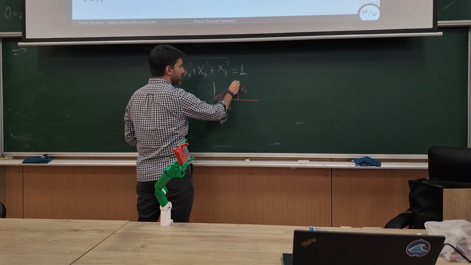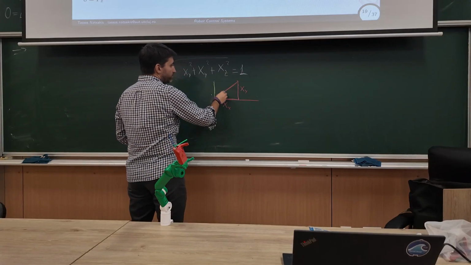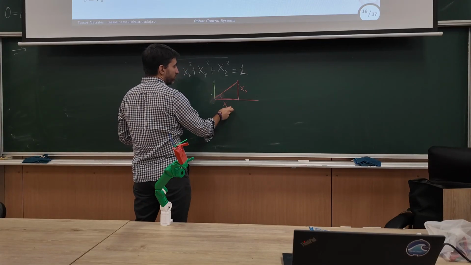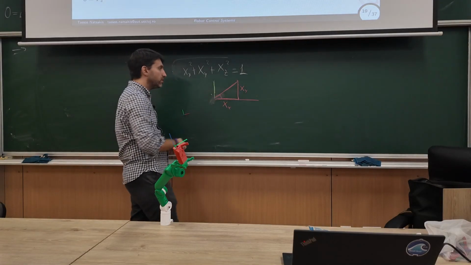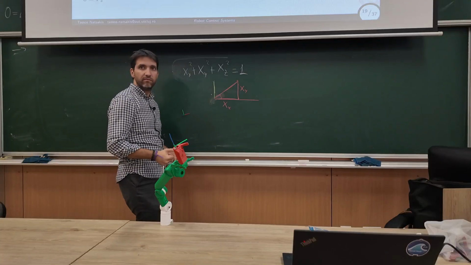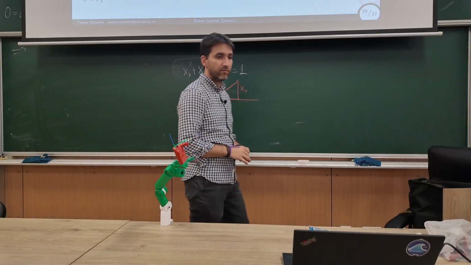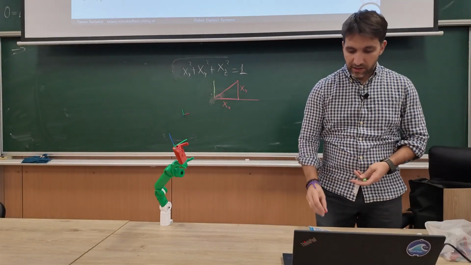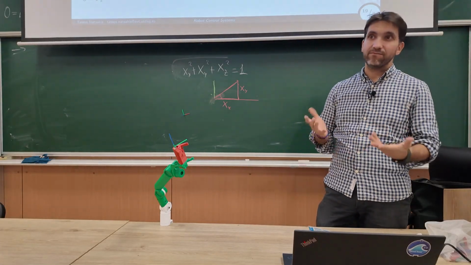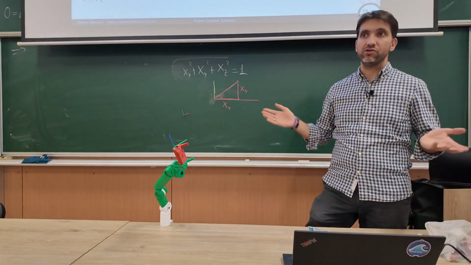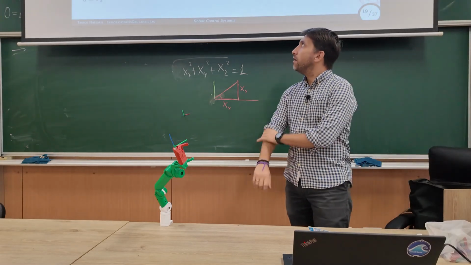If I know this angle and this length, which is 1, I can calculate both of them. I cannot change this one without changing this one, because I have a fixed length. So we start getting a feeling on the equation side that I cannot change all the orientations independently. All right.